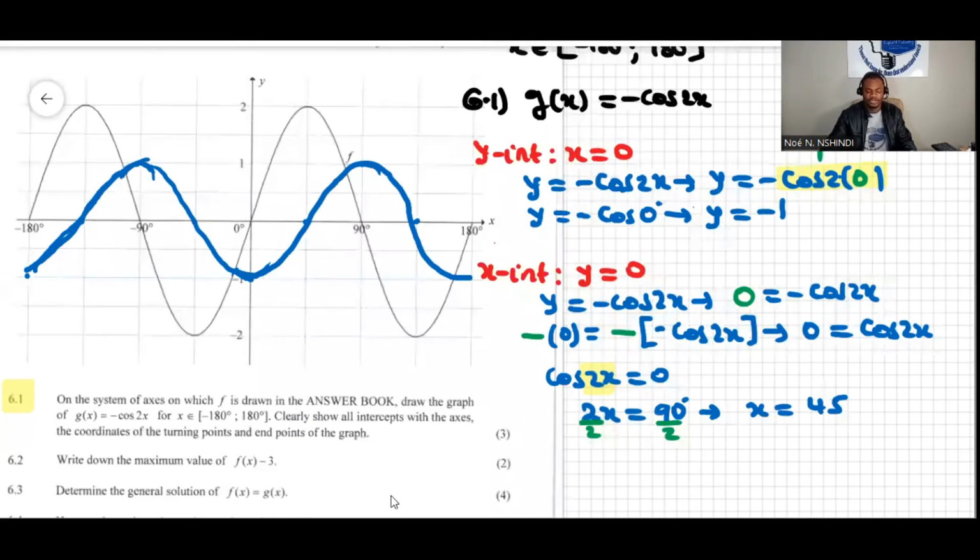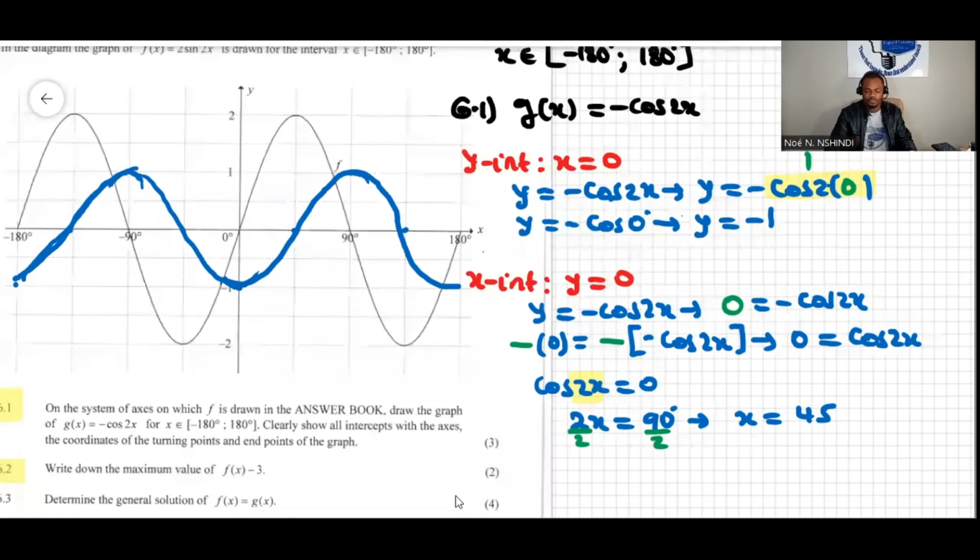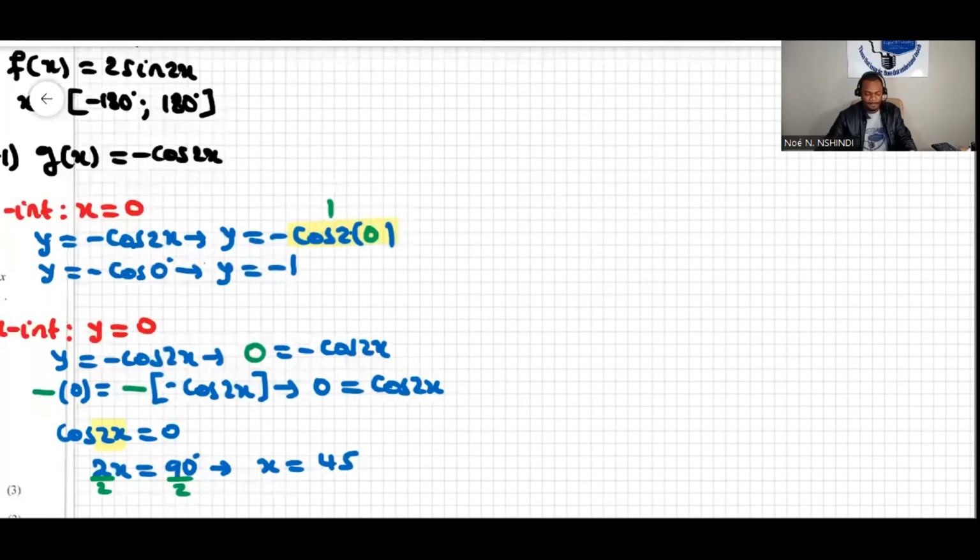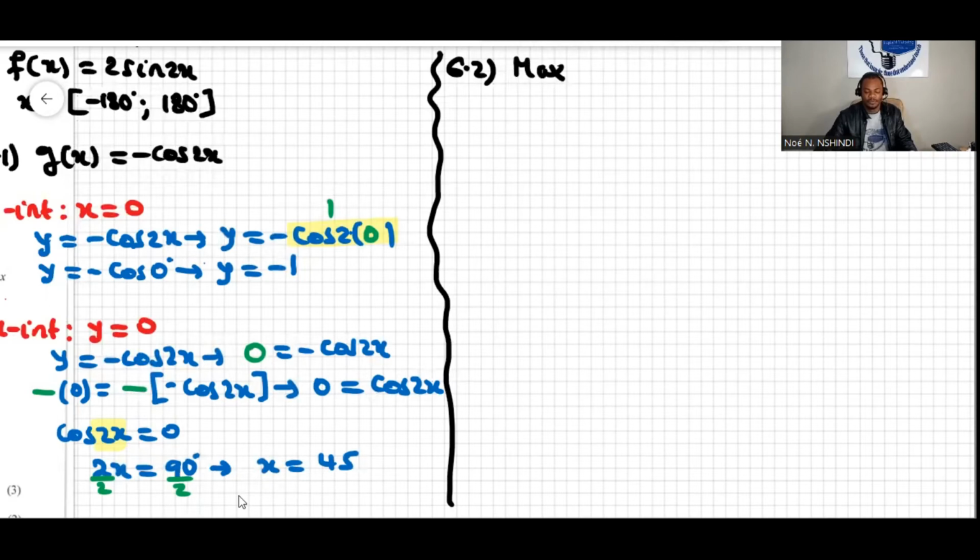6.2 is here. The question says to write down the maximum value of f of x is equal to 3. So now I'm going to move my board over here. Split it like that. 6.2, and then we want the maximum value of f of x equal to 3. Now, first of all, f of x is given by 2 sine 2x, as we can see here.